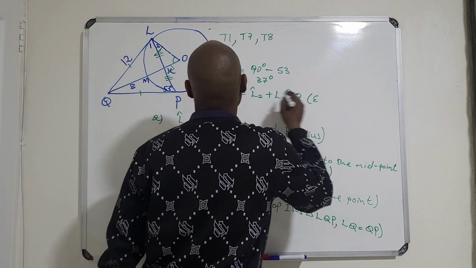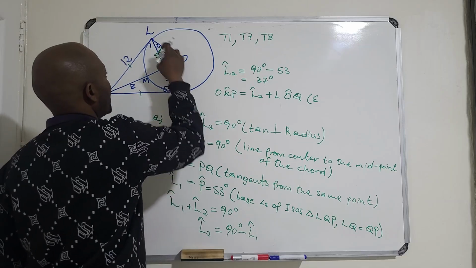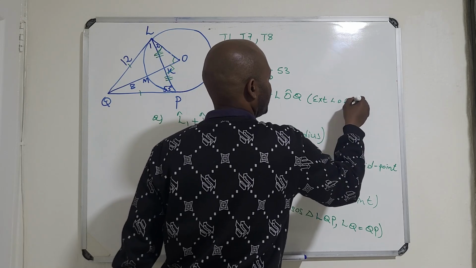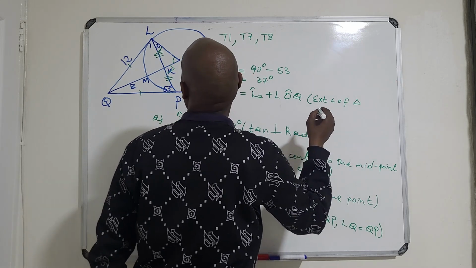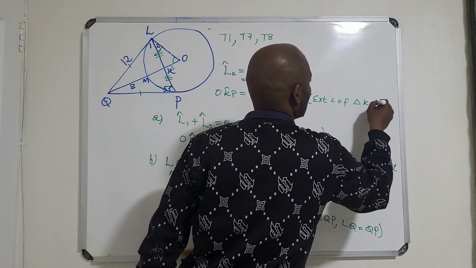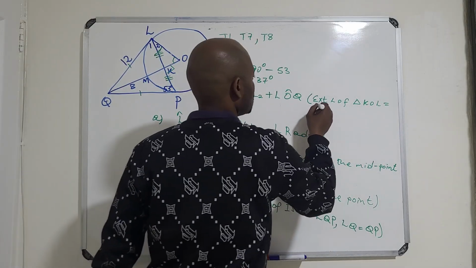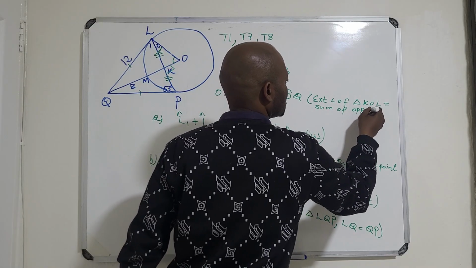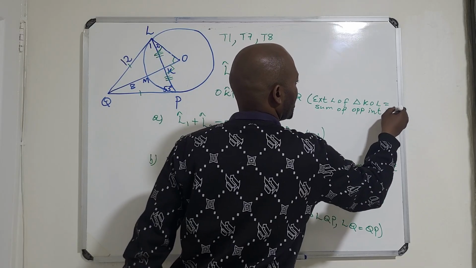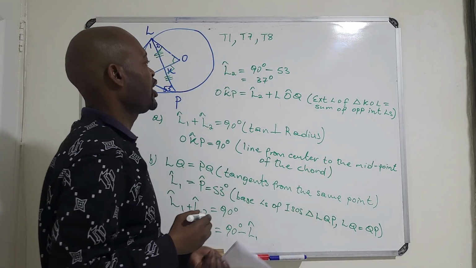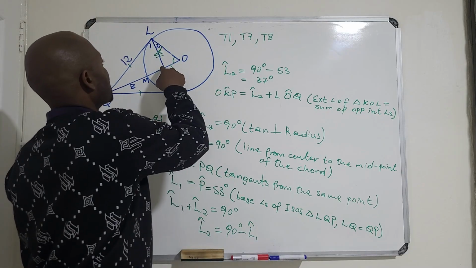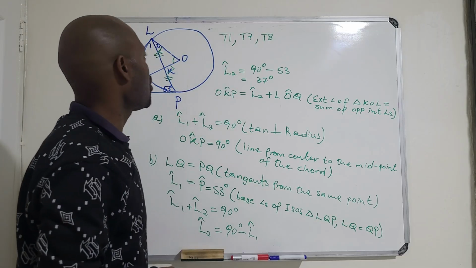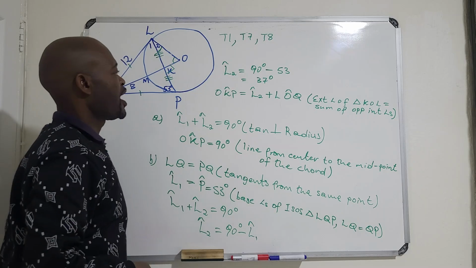Exterior angle, because this angle is outside this triangle there. Exterior angle of triangle KOL is equal to the sum of opposite interior angles.